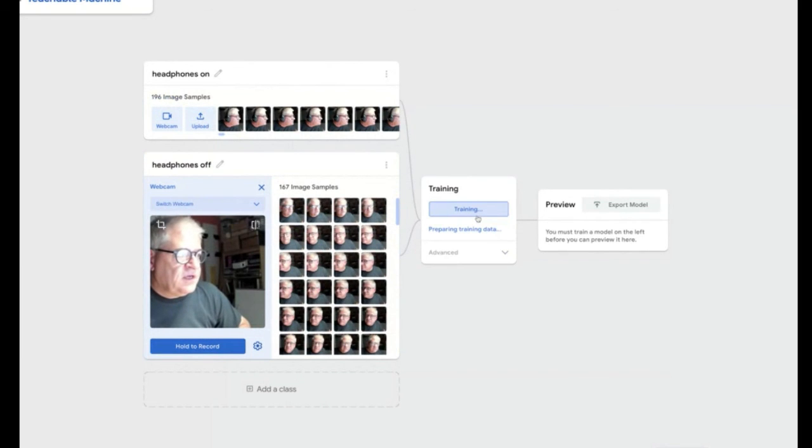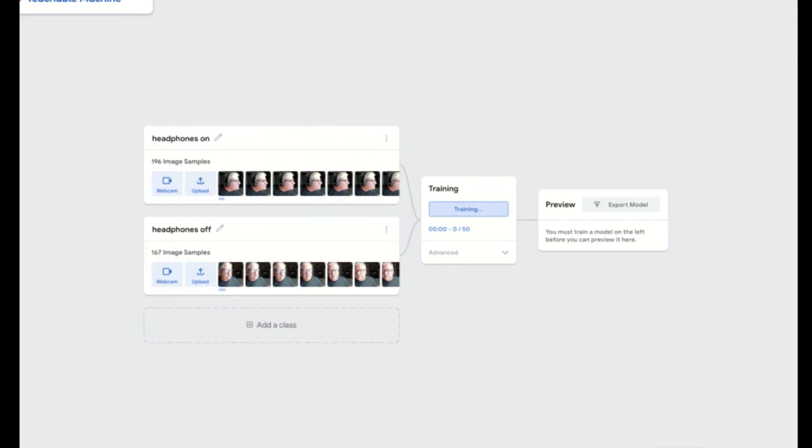And then I'm going to tell it to train the model. So it's cranking through.